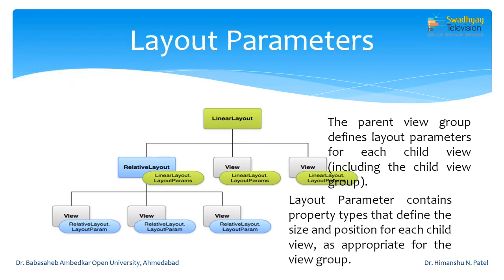Below it is a relative layout and two other views. How these three elements, the relative layout, a view and another view, are organized inside the linear layout is defined by the linear layout, and the views below the relative layout are organized as per the layout parameters specified by the relative layout. So, we can say the parent view group defines layout parameters. The parent decides how it wants to organize its child components. We use layout parameters to organize our controls, which are the child controls of the view group control.